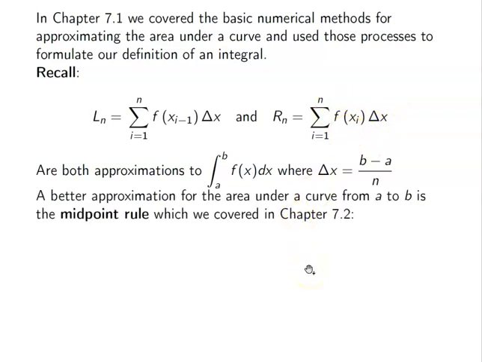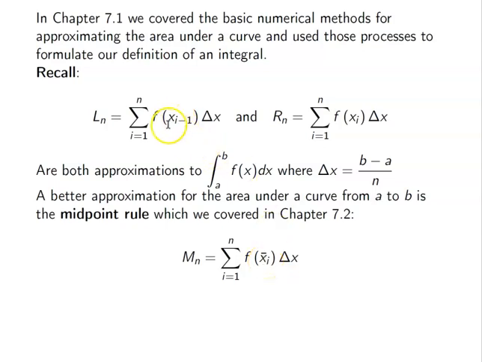We saw that a better approximation than the left or right-hand sum was the midpoint rule, which we covered in 7.2. The midpoint rule means that we're looking at the average endpoint between the left-hand and the right-hand endpoint, and that's the point we evaluate in our function to get the rectangle height.